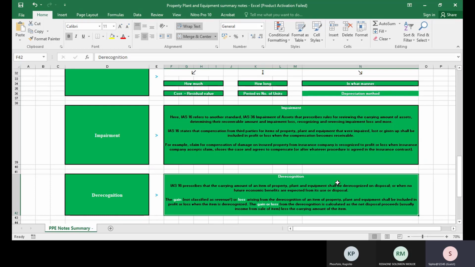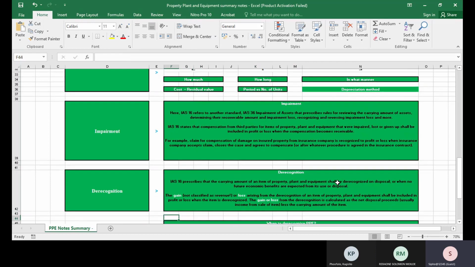But from those proceeds, you might incur some cost that you need to net off. So that's what they mean by net disposal. Usually income from sale of the item, less the carrying amount of the item. So net proceeds minus the carrying amount will give you a profit or a loss. You see, that's what they mean.